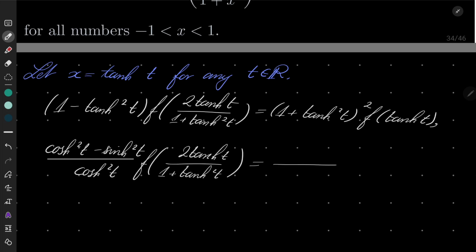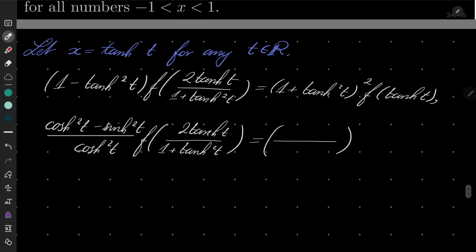And on the right hand side, we have hyperbolic cosine squared plus hyperbolic sine squared over hyperbolic cosine squared. Very well. f of hyperbolic tangent.